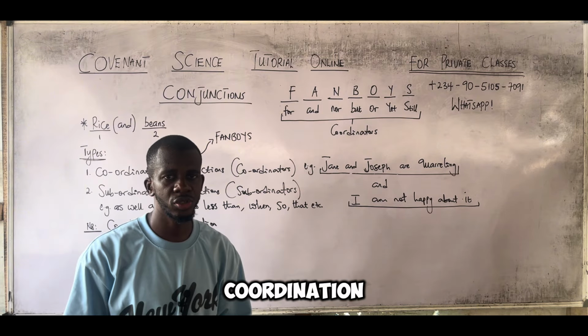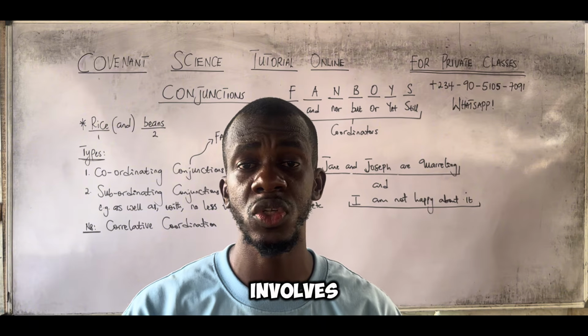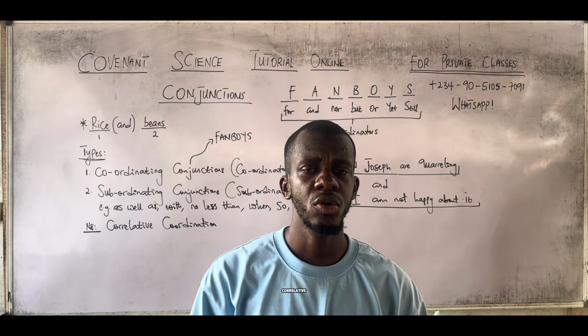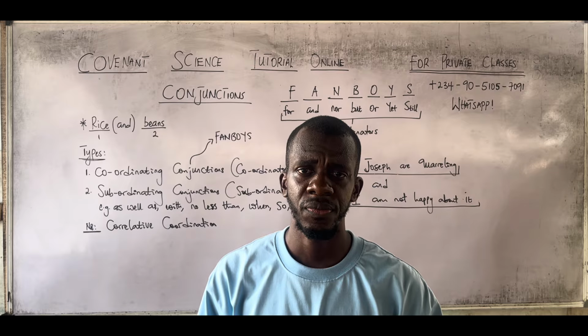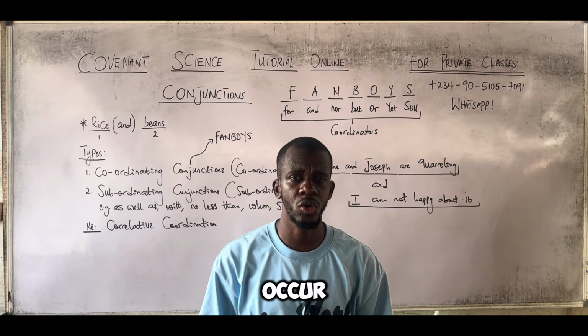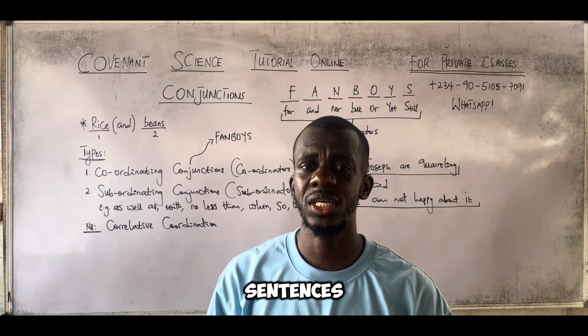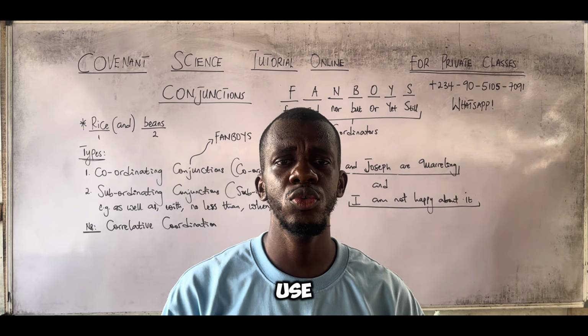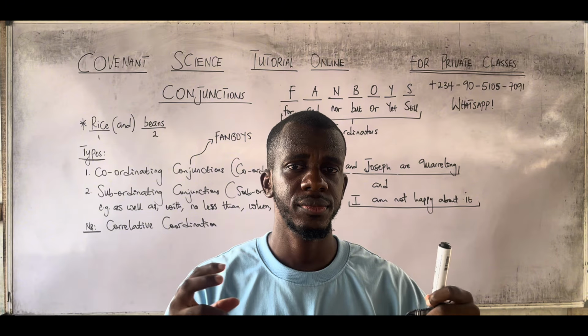This correlative coordination involves coordinators. Now, when does correlative coordination occur? Correlative coordination occurs in sentences where we use conjunctions that go in pairs.